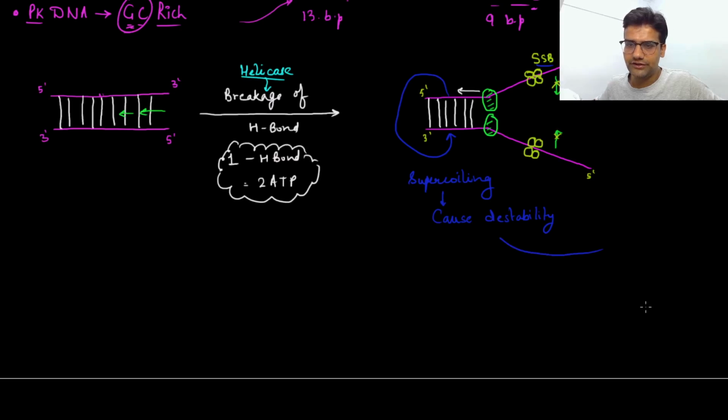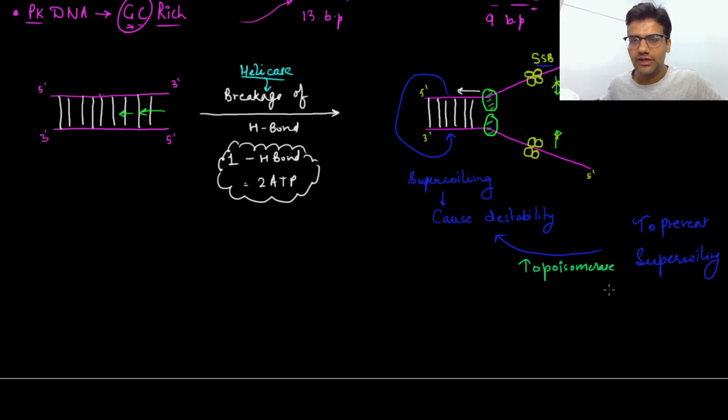So to prevent this supercoiling, there is another enzyme. This enzyme is what we call topoisomerase. What topoisomerase does is, it causes a nick in DNA.